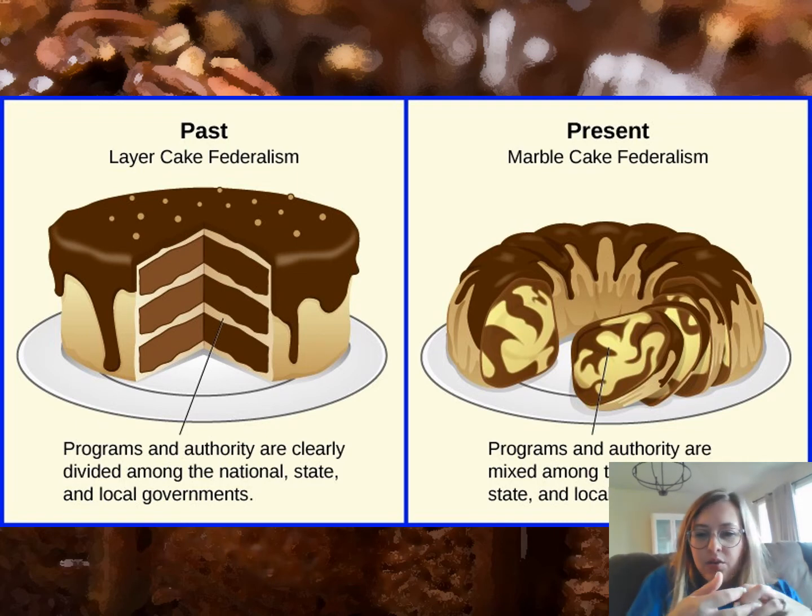So we have this overlap within one program, the interstate highway system, where states are funding part of it, the federal government is funding part of it, the federal government is making rules regarding it. And so we have kind of this overlap between state and federal power, and that's where a lot of the conflict within the federal system comes from.